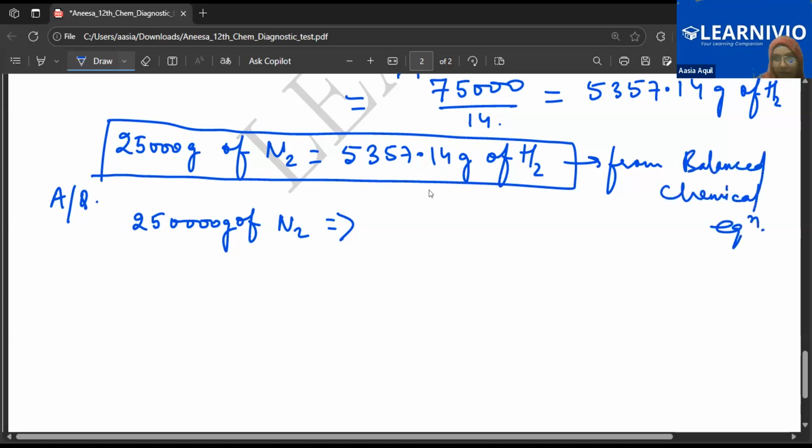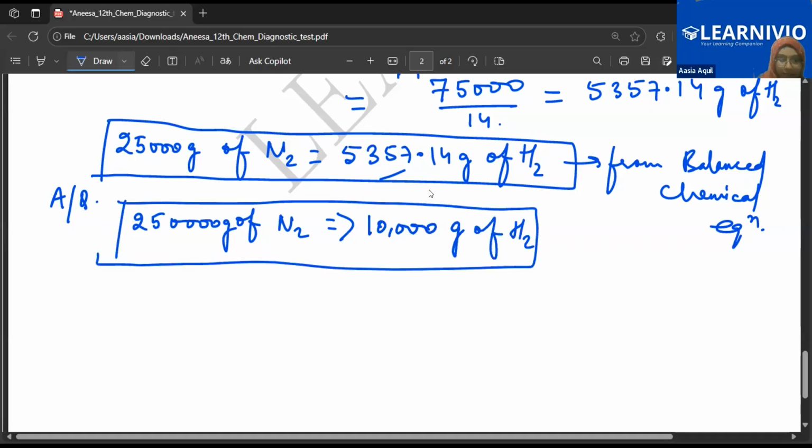Means from stoichiometry we got this, but according to the question, 10,000 gram of hydrogen is required. So when you compare these two, you can say that H2 hydrogen is the excess reagent.